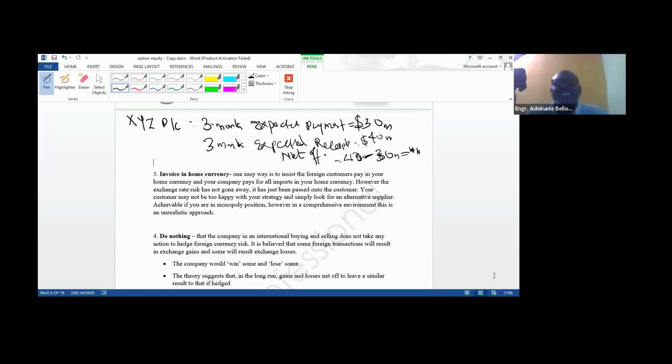It is believed that some transactions will result in exchange gain, while some will result in exchange loss. In this case, your exchange gain and exchange loss will cancel out.